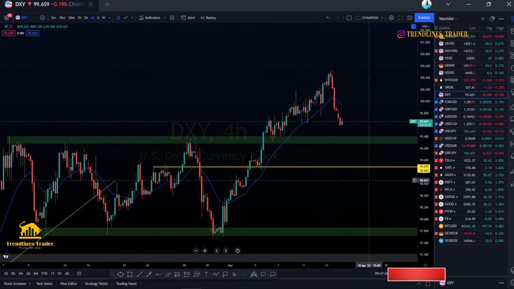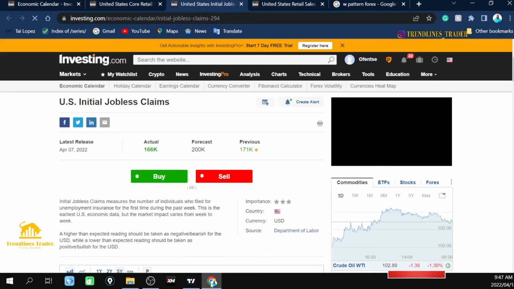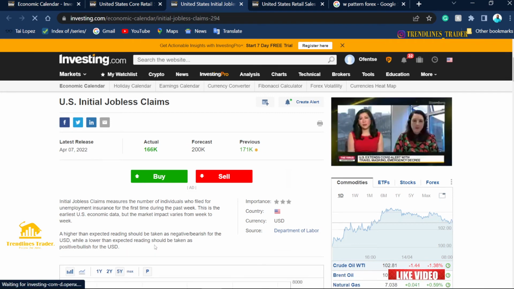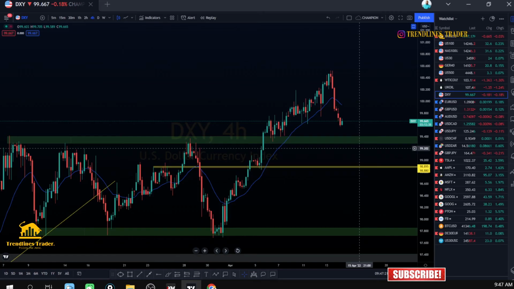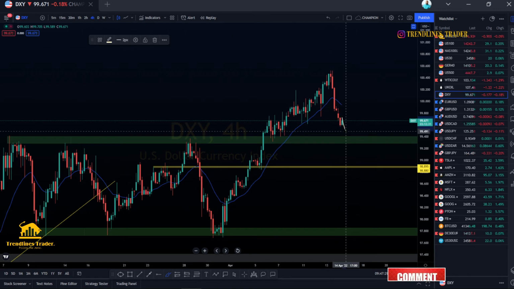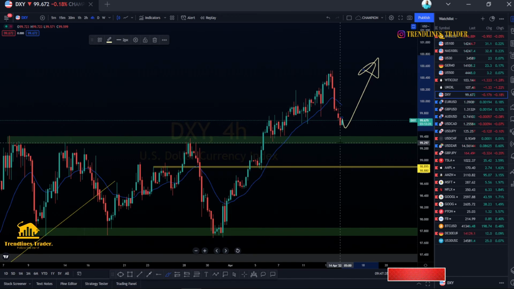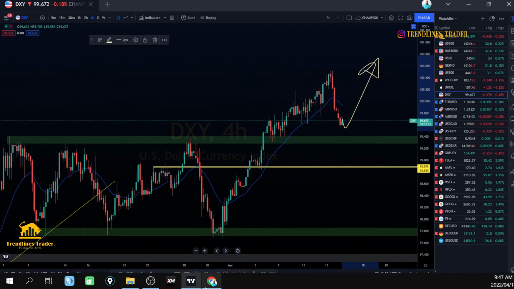So if we find our news being bearish, the lower than expected reading should be taken as positive, should be taken as bullish. This clearly says if we find the news lower than expected, we will have to expect our DXY to push towards the upside. I hope this makes sense.